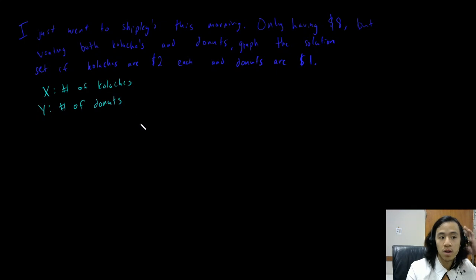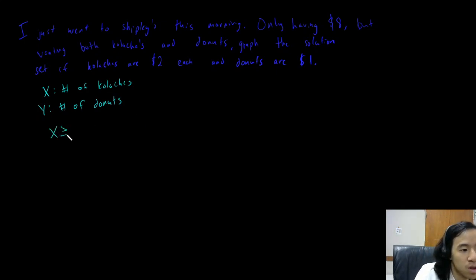I want both, so x is going to be greater than or equal to 1, and y is going to be greater than or equal to 1 as well. I only have $8, and kolaches are $2 each, and donuts are $1 each, so I'm going to have 2x plus y, and that has to be less than or equal to 8.